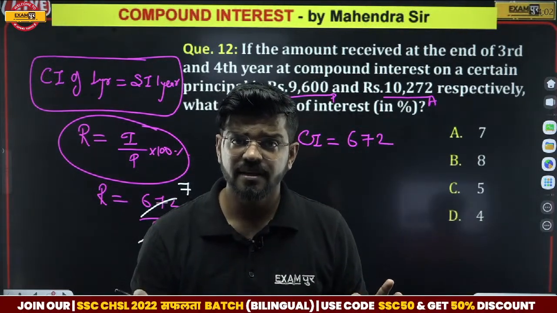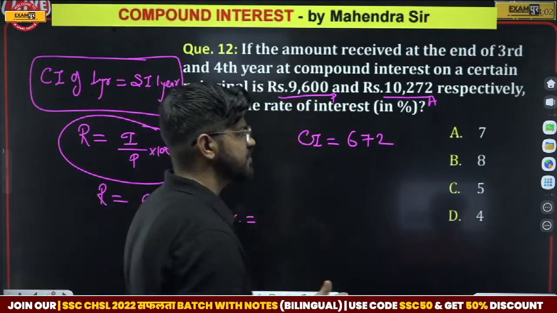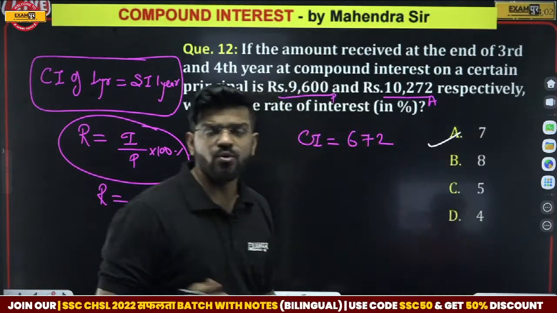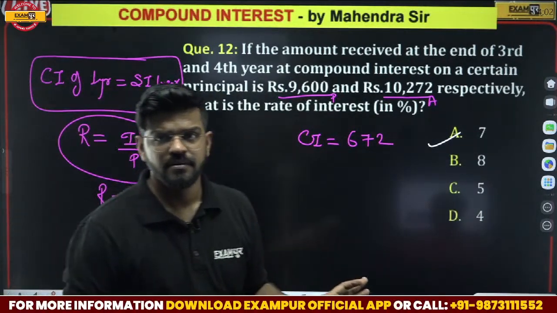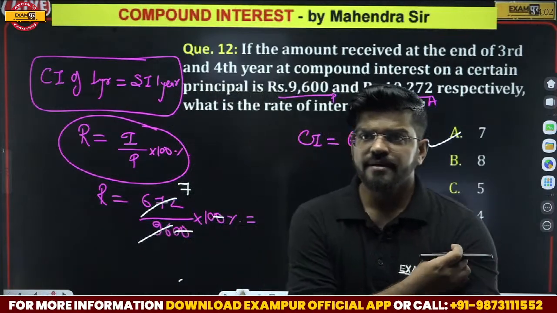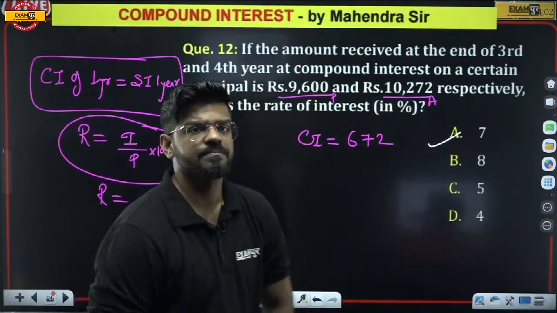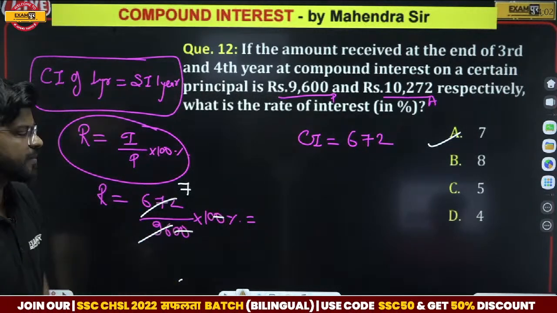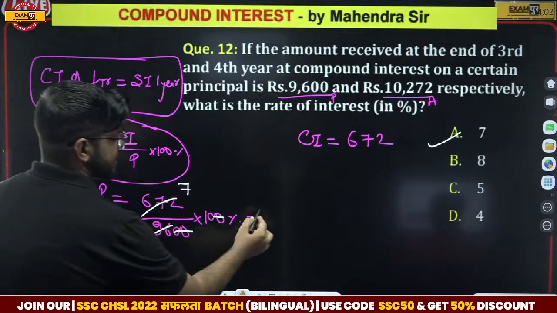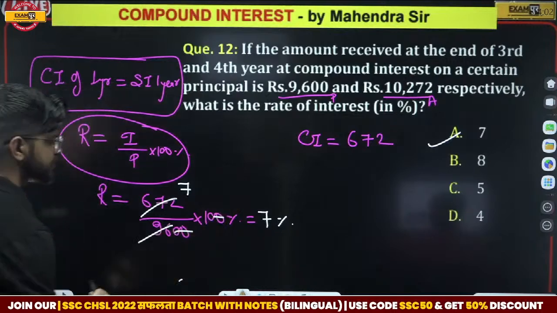Clearly you can see that, yes or no? Superb. So I can directly write 7, I don't have to calculate it. So 7% is my right answer for this particular question.